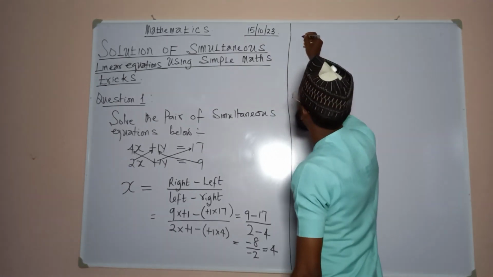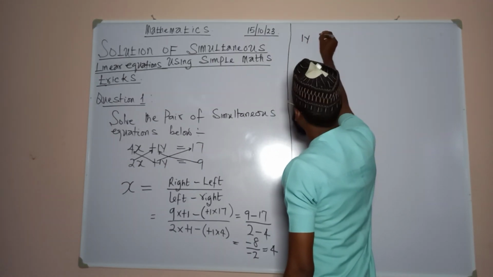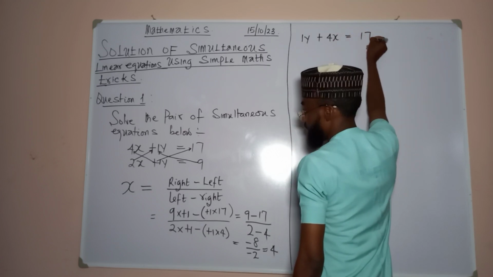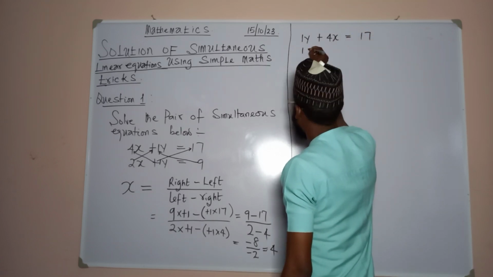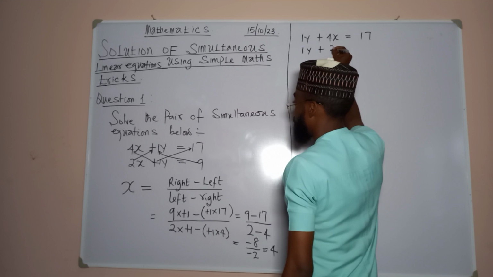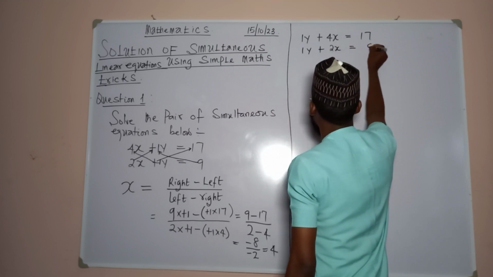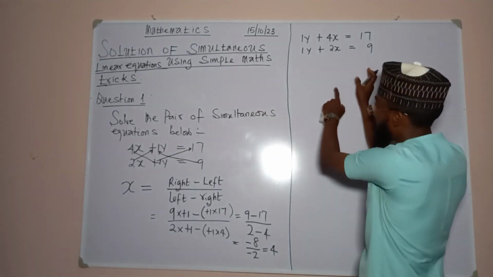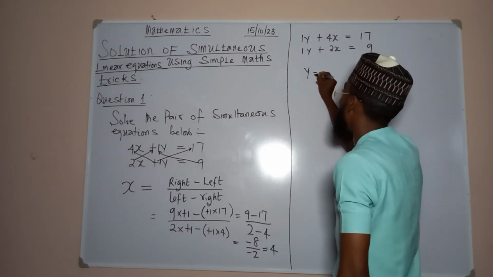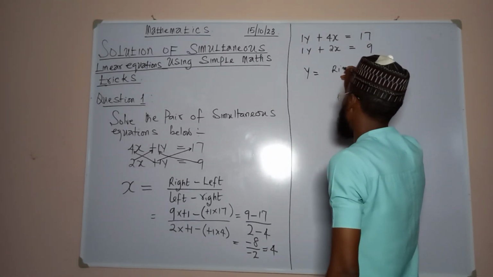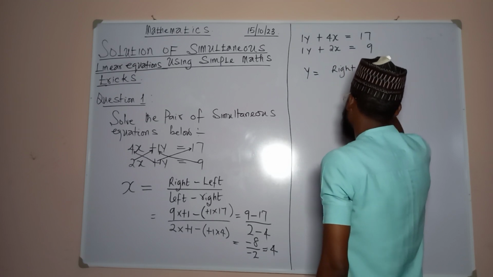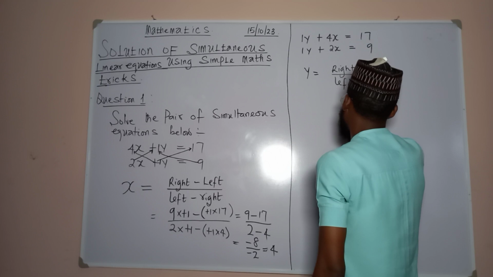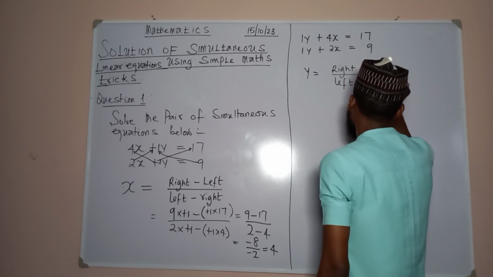So I'm going to have 1y plus 4x is equal to 17. And then I have 1y plus 2x is equal to 9. Now the same approach we applied here, we're also going to apply it for y. So I'm going to put that formula, y is equal to right minus left all over left minus right.